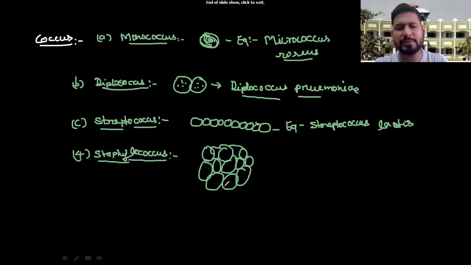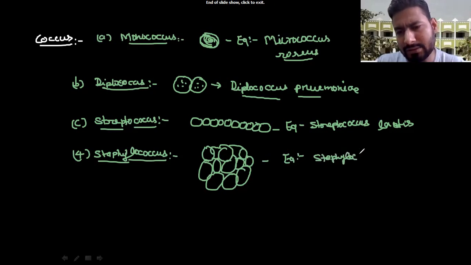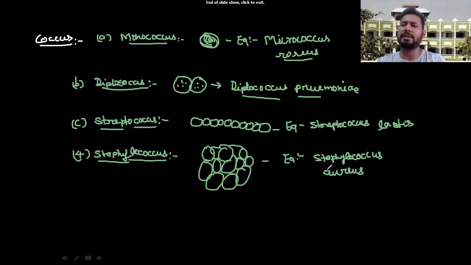This type of arrangement of bacteria is known as Staphylococcus. The example is Staphylococcus aureus, from which we generally obtain the restriction enzyme Sau. The name Sau comes from Staphylococcus aureus.